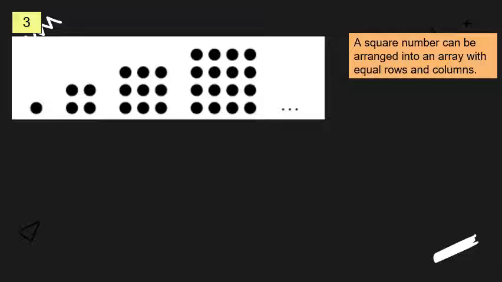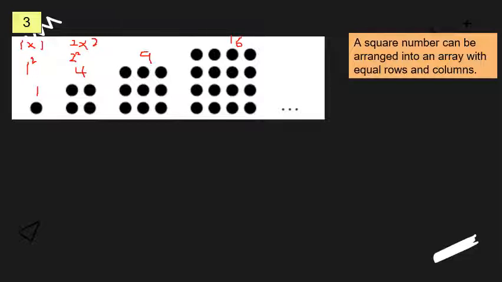Now let's look at a pattern here. So we've got our square numbers. We've got 1, 4, 9, and 16. So hopefully you'll recognize that. And we know with our square numbers, we can represent them as the number itself to the power of 2, which basically means the number multiplied by itself, or 2 ones multiplied, or 2 twos multiplied for 2 to the power of 2, and so on.